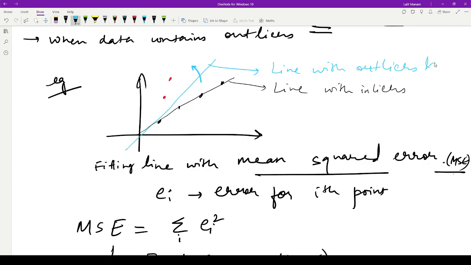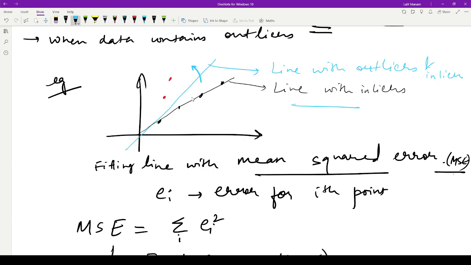Here I should write outliers and inliers. This unnecessary deviation from the original line is created because of the presence of outliers. So once you detect the outliers, what you can do is remove them and fit the rest of the points, which is what is done in the last step of RANSAC.